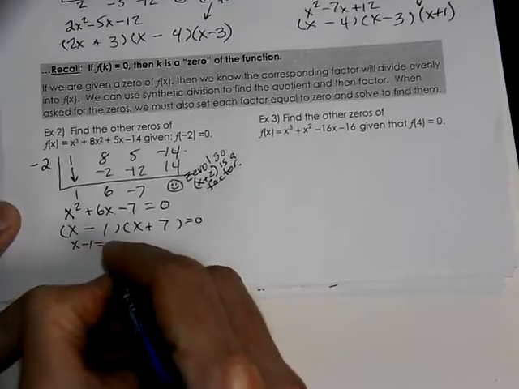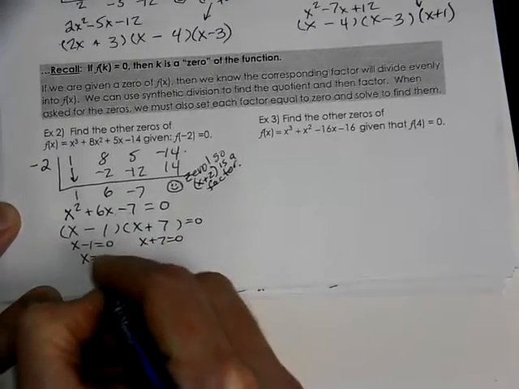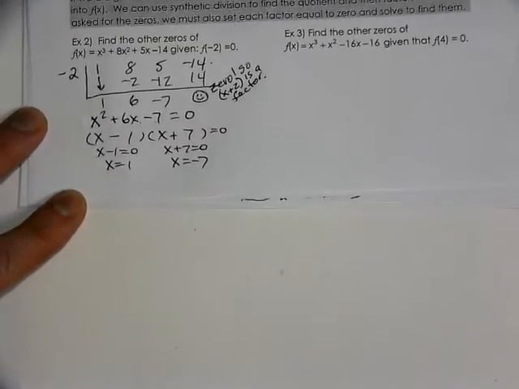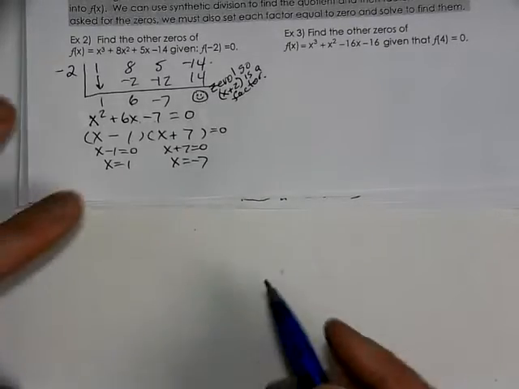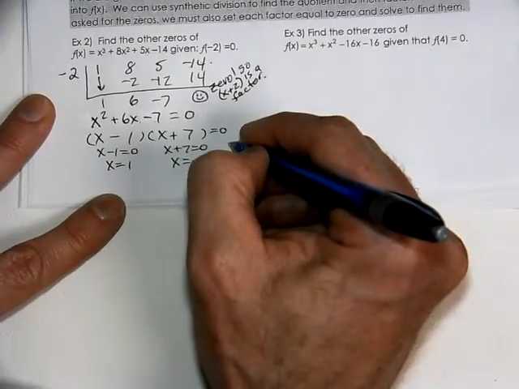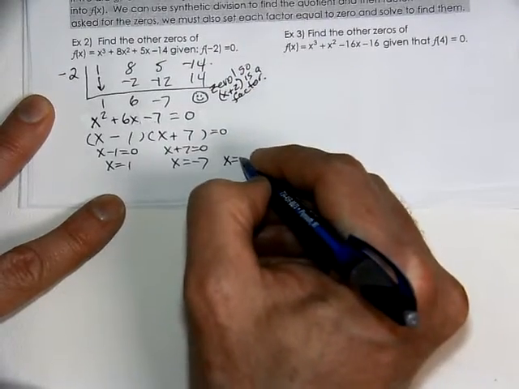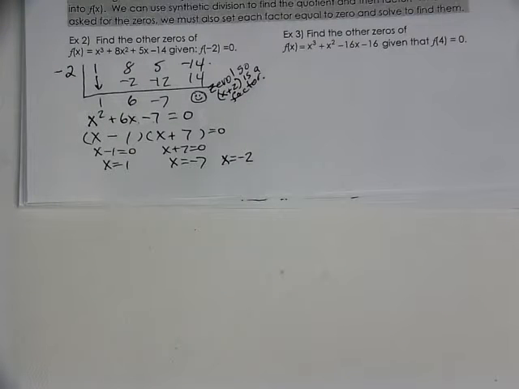So then you do the 0 product property, which gives you x equals 1 and x equals negative 7. Don't forget, you also have your other 0, which is x equals negative 2. That gave us a 0 also.